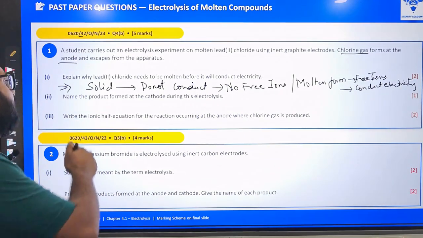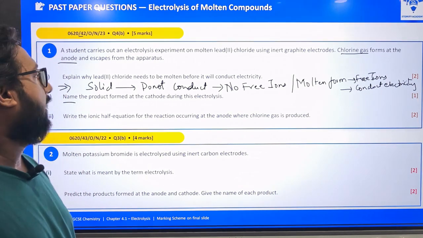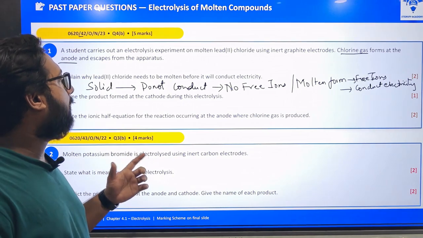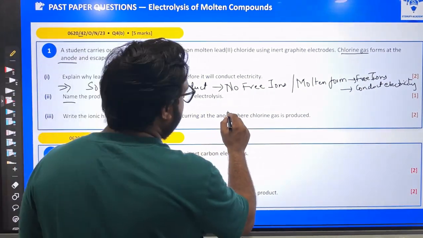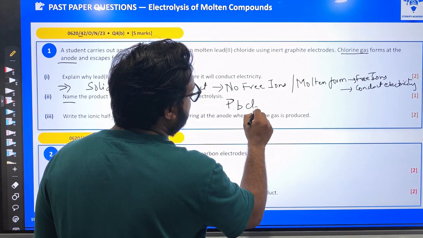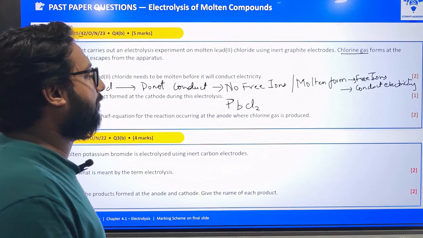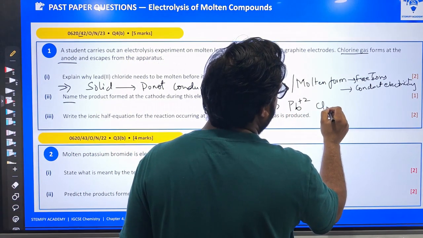Now, the next question is, name the product formed at cathode during this electrolysis. So, as we have discussed, the electrolyte is PbCl2. In the molten form, it gets split into Pb2+ and Cl-, right?